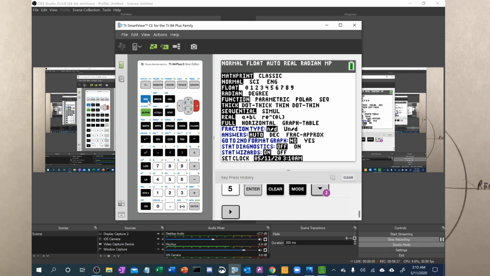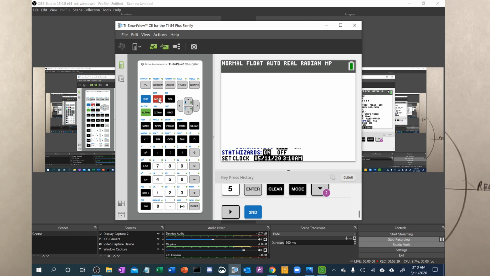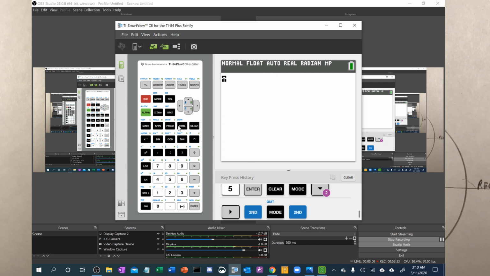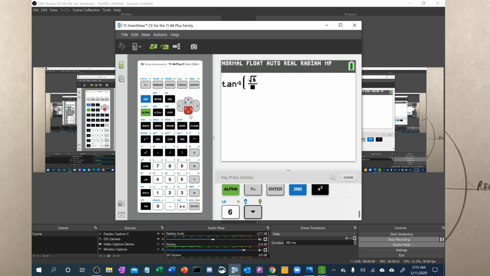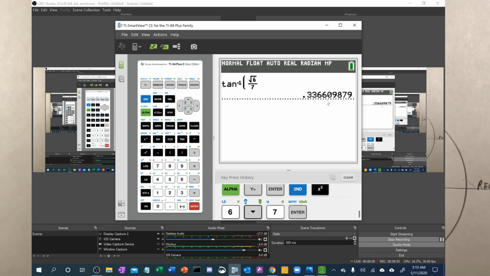First, we'll do degrees. You would do something called the arctangent, or the inverse tangent, of square root 6 over 7. Right? So there's the arctangent.